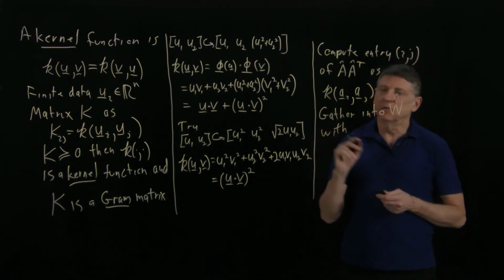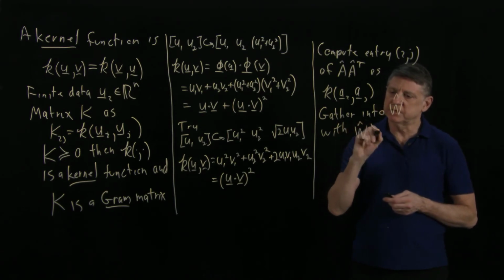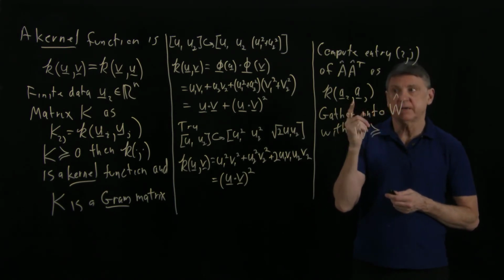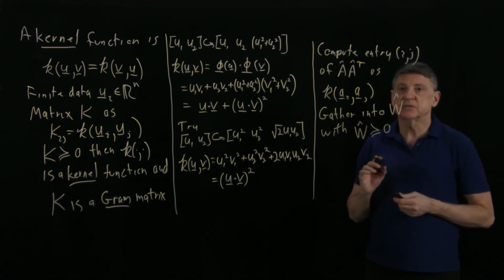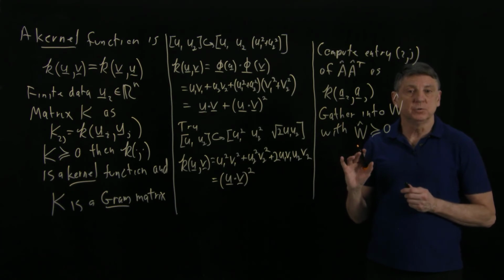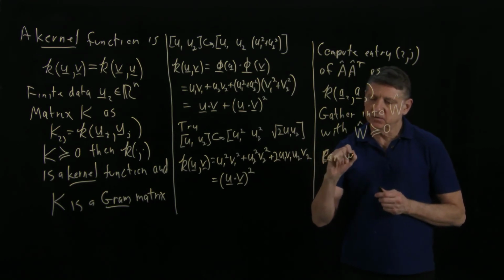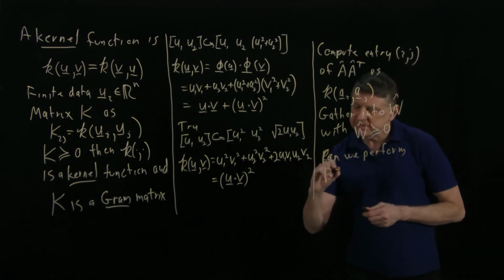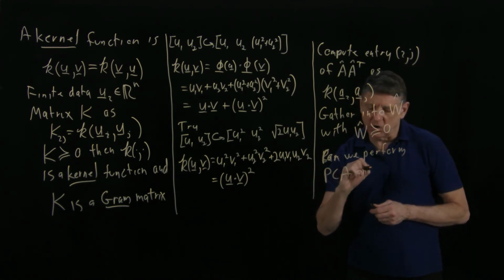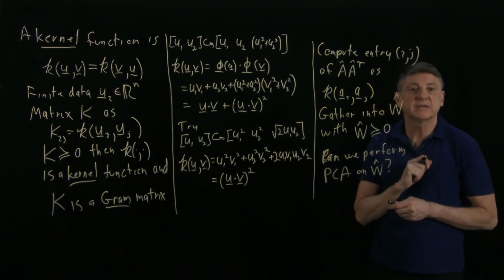And we will require that this generalized weight matrix has to be symmetric by definition and has to be positive semi-definite. And so what we can do is we can then ask, can we perform PCA on this generalized weight matrix?